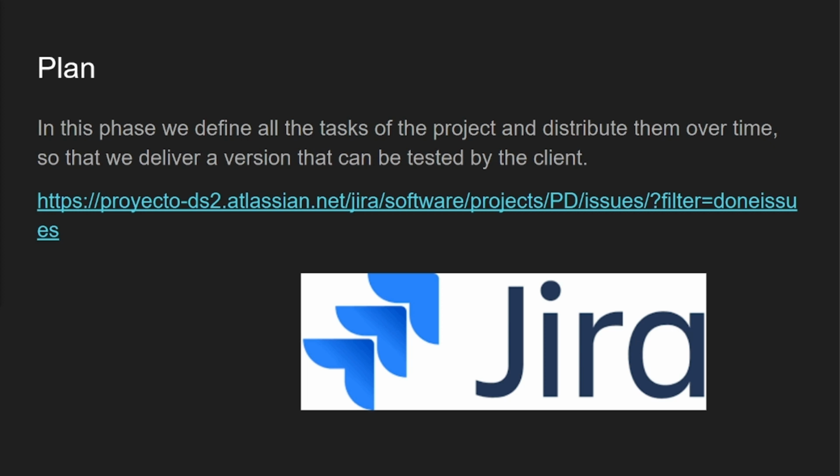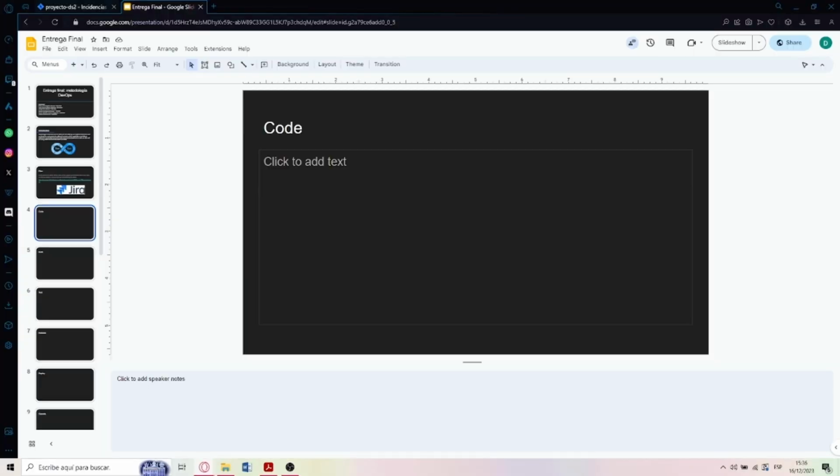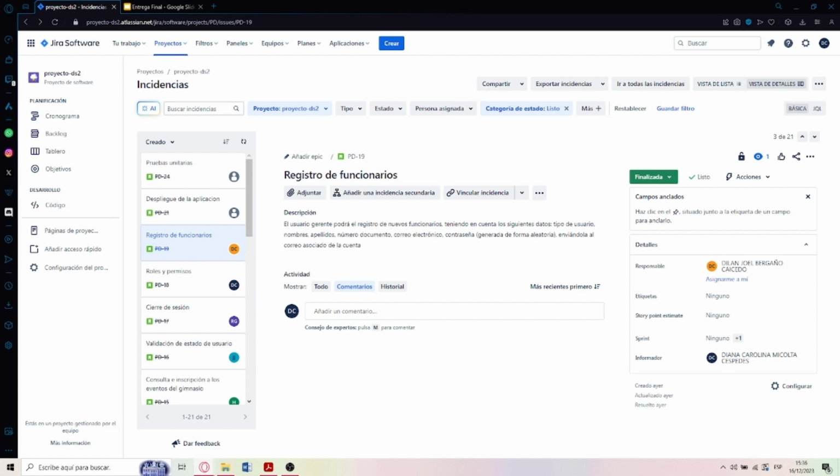Now I will show a little bit of the tasks created in Jira. These are the finished incidents. Each task comes with a description of what has to be done in the application.